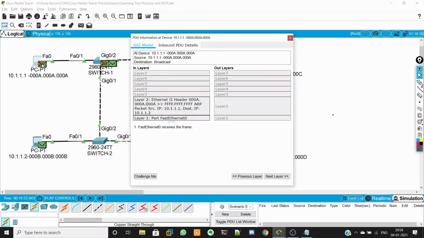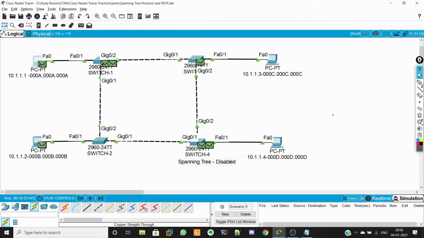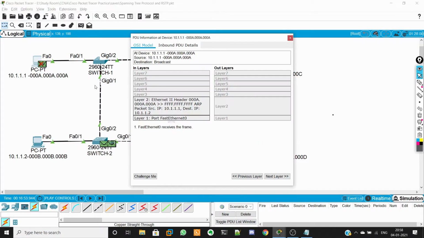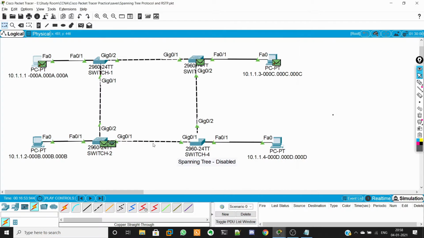I got a response, but it is not the exact response. It is simply the broadcast frame that the switch forwarded. This response is also the broadcast frame.